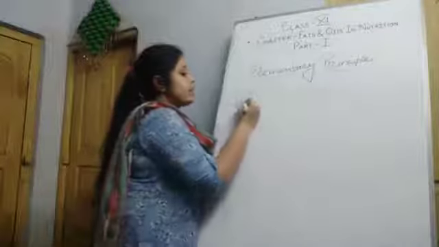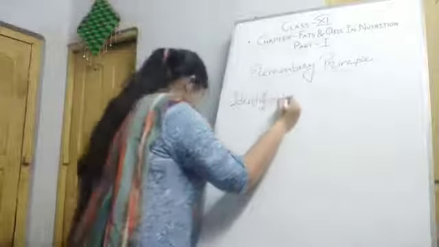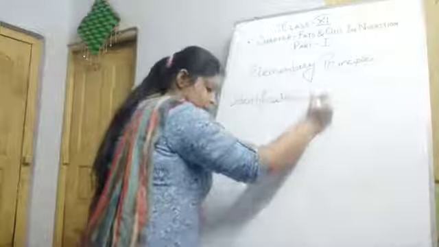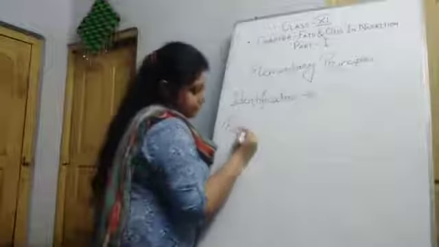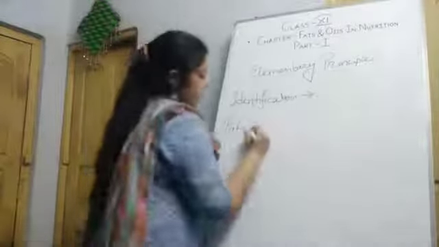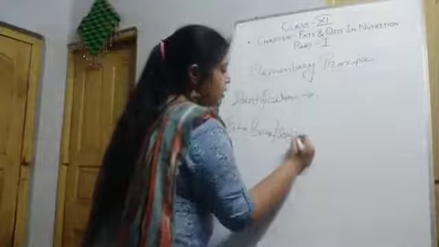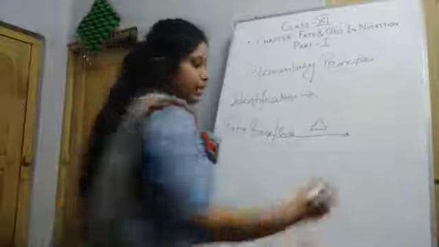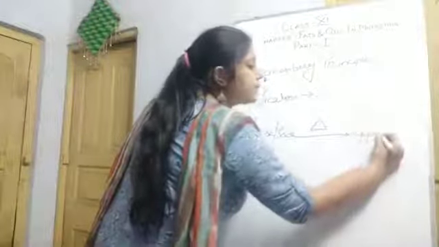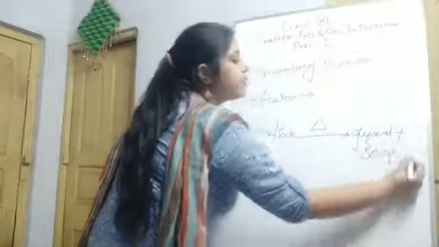So now we are coming to the identification reaction. If fat and a base or soda are boiled together, then glycerol and soap will be produced.